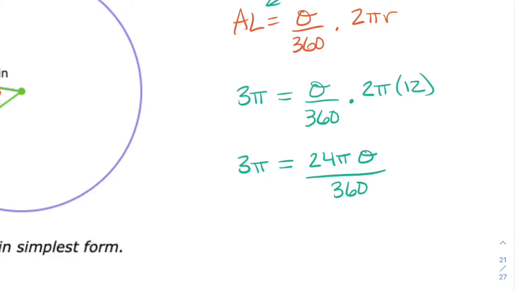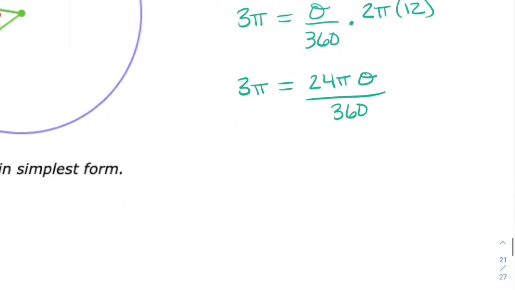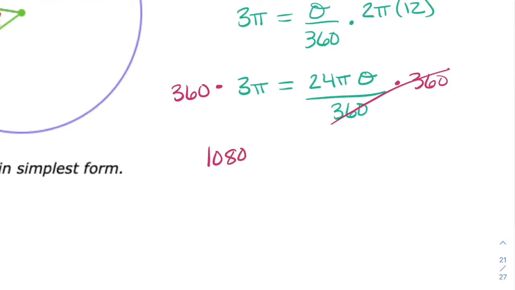The first thing I'm going to do is multiply both sides by 360 to get rid of this denominator. So 360 times 3 is 1,080, sorry. So 1,080 pi equals 24 pi theta.